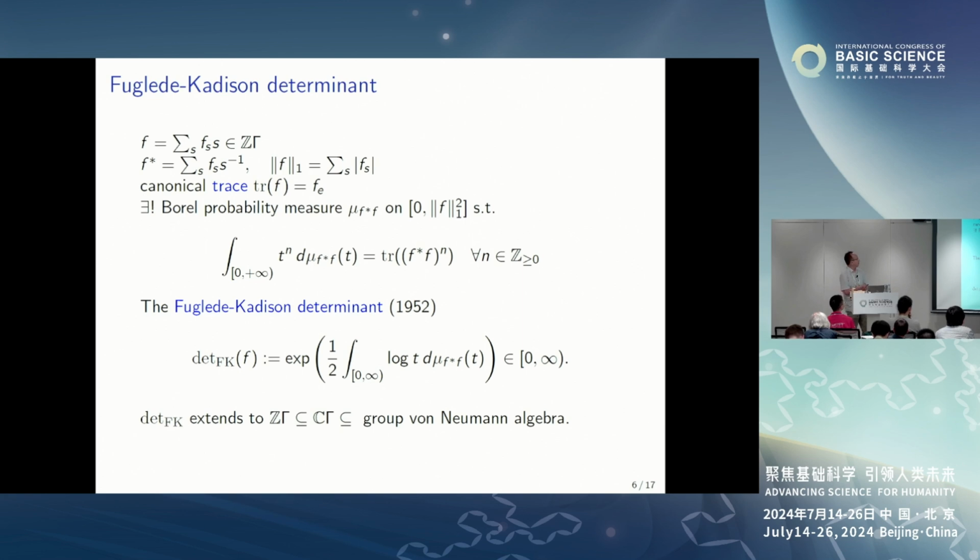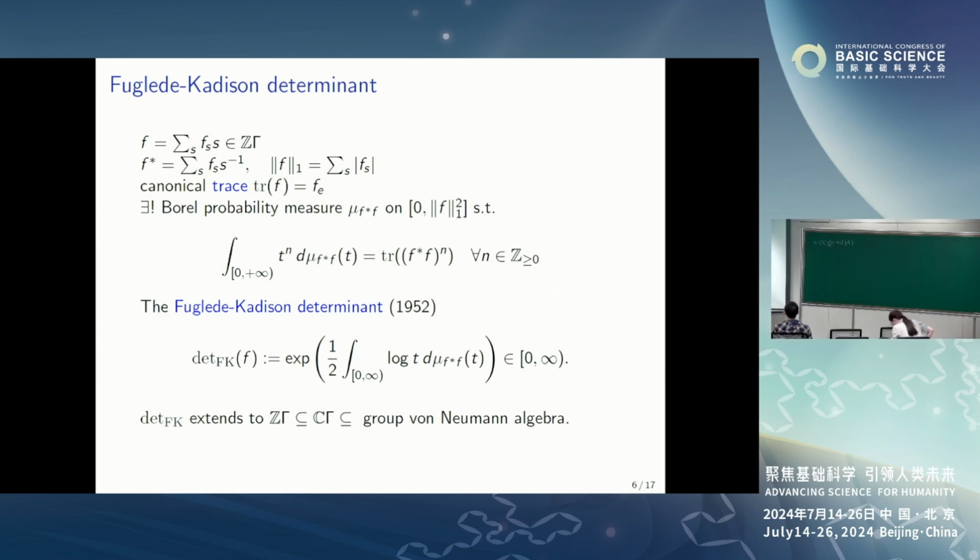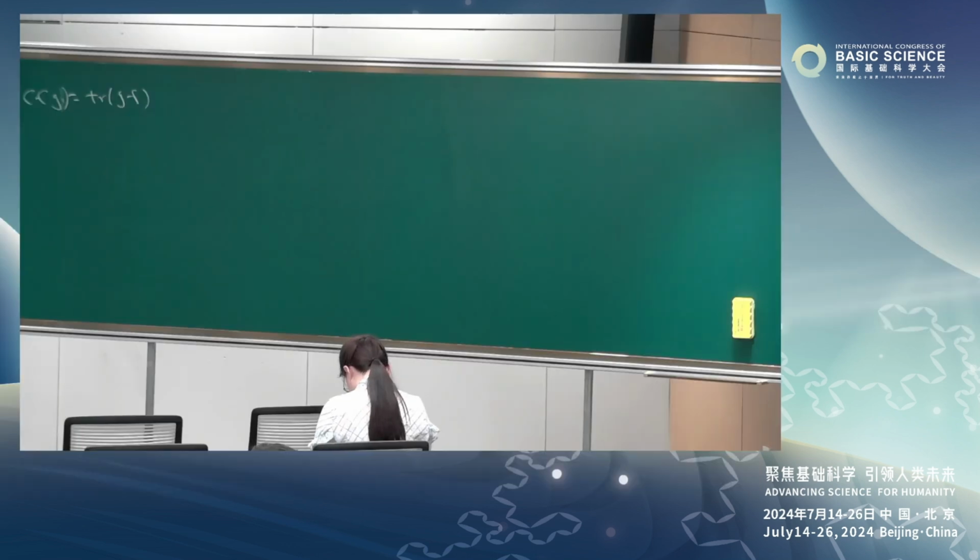The trace simply means that it's linear, and the trace of f times g is equal to the trace of g times f. Just like the trace of square matrices. So the trace somehow kills the non-commutativity.